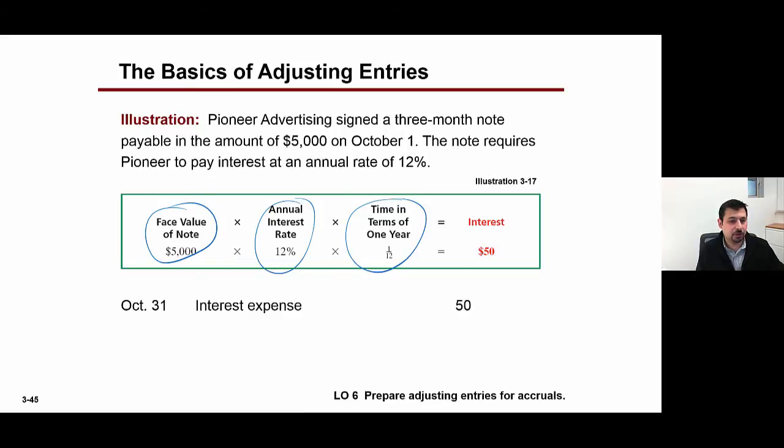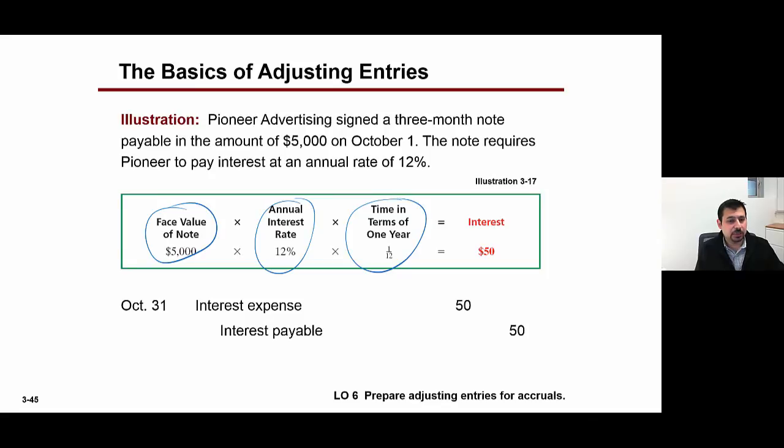They debited $50, and because they're not going to pay it now, they credit the liability interest payable.